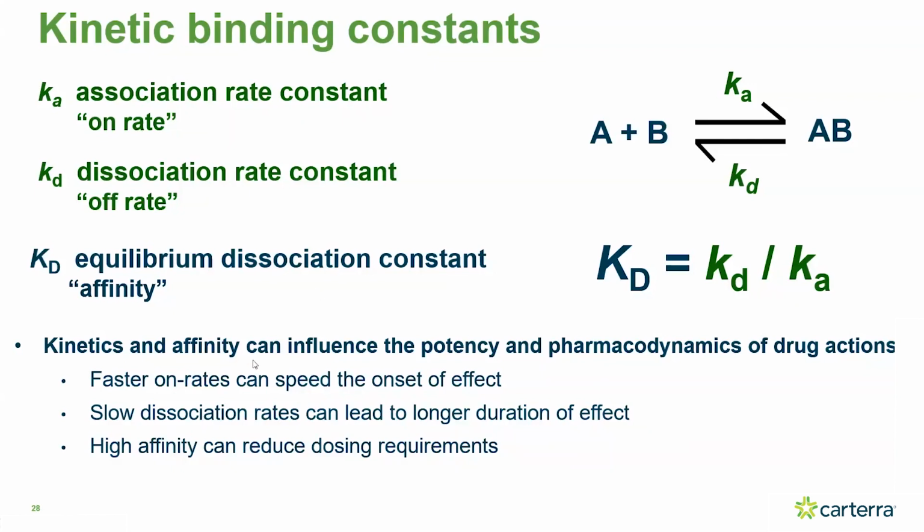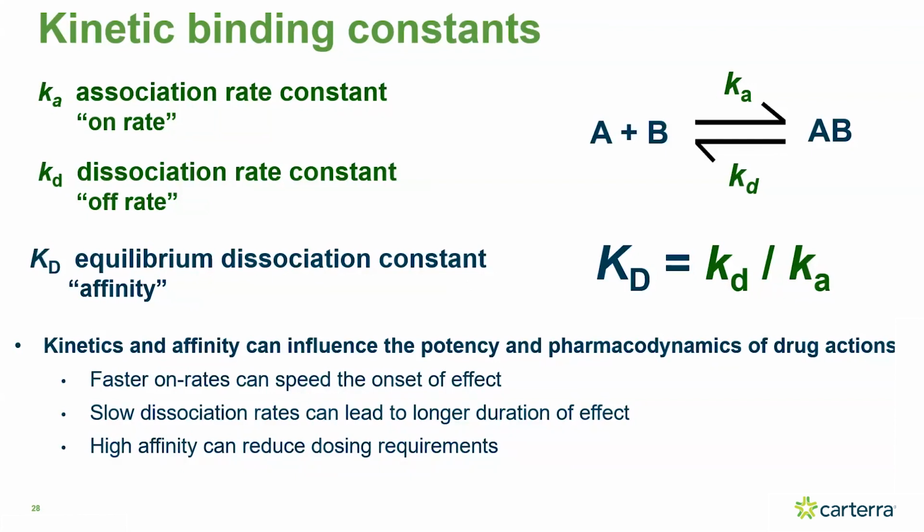If you have a slow dissociation rate of an antibody, that antibody can persist in its physiological effects after the serum level of the drug falls below what would be an efficacious range on its own. So you get this durability due to extended residence time on target and in receptor.